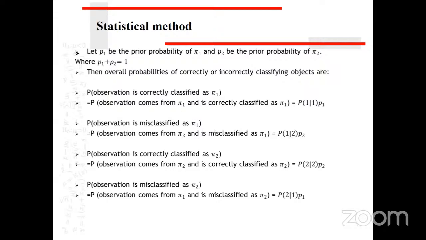There will be overall probabilities of correctly or incorrectly classifying the objects into the different populations. Probability of an observation correctly classified into pi1 is equal to the probability that the observation comes from pi1 and it is correctly classified as pi1. That is P(1|1) into probability of population 1. And likewise, probability of observation misclassified in pi1, probability of observation correctly classified in pi2, and probability of observation misclassified in pi2.